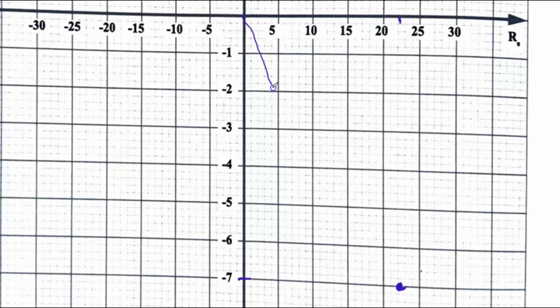So using a ruler, draw a straight line to connect from the origin to the point. We're going to put an arrow there. So this is a complex number, 22 is the real component, and the imaginary component was minus 7i. So this is a graphical representation. And again, this line is supposed to be a straight line. Alright, so use a ruler when drawing it.